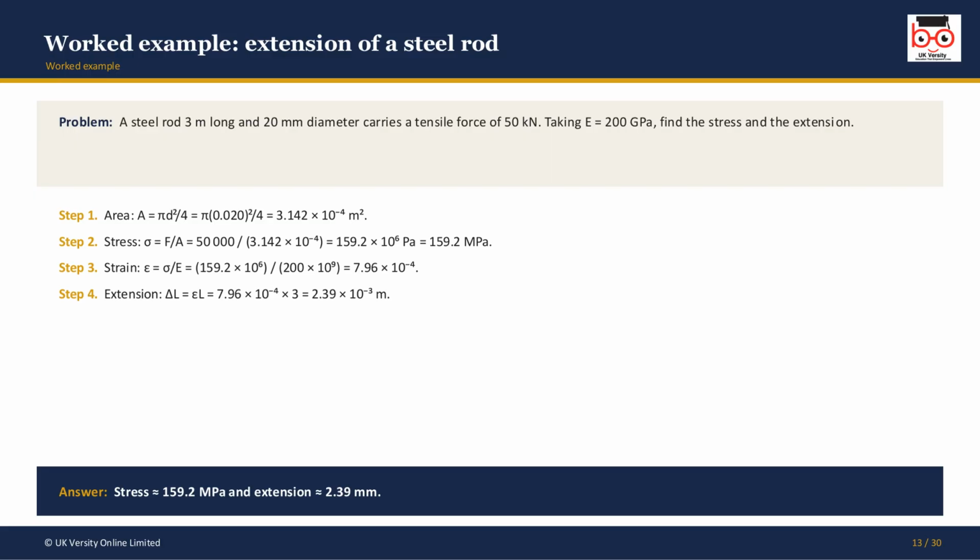The stress is force over area, 50,000 over that, which is about 159.2 megapascals. The strain is stress over E, 159.2 times 10 to the 6 over 200 times 10 to the 9, roughly 7.96 times 10 to the minus 4. And the extension is strain times length, 7.96 times 10 to the minus 4 times 3, about 2.39 millimeters.